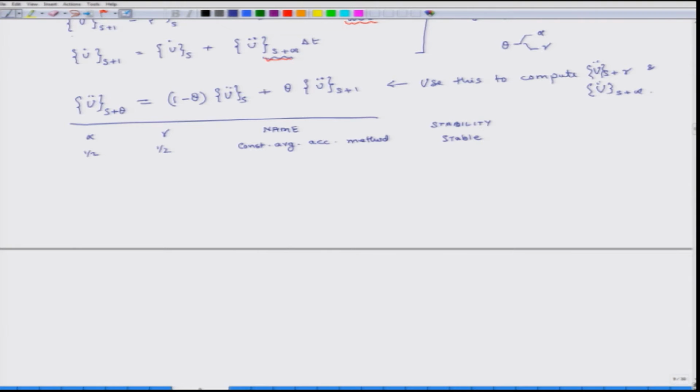So, I do not have to worry about delta t, it will always be stable. If I take delta t as very large, it may become inaccurate, but it will not become unstable. So, I can use this method, or I can also use alpha equals half, gamma equals 1/3, and this method is known as the linear acceleration method.